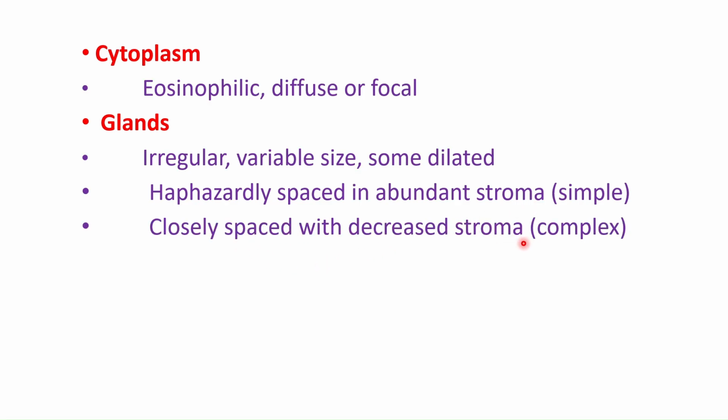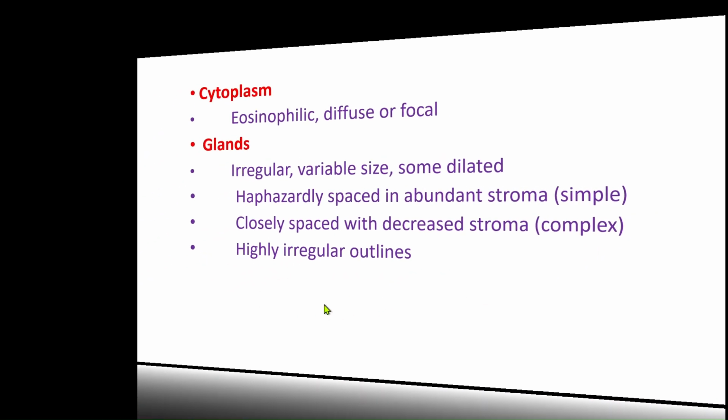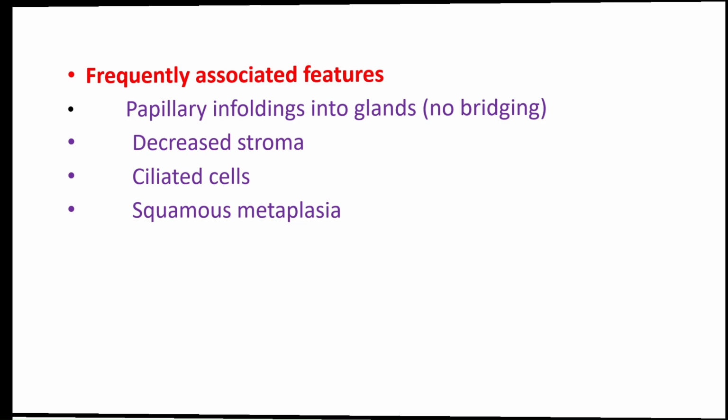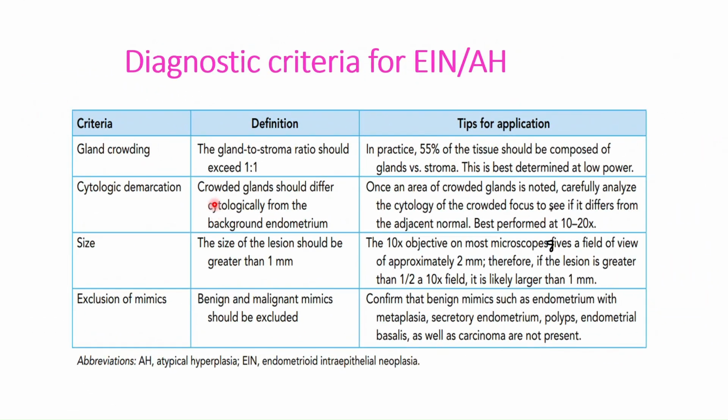If closely spaced with decreased stroma, it was complex hyperplasia with atypia. Highly irregular outlines and frequently associated features, if we see, are papillary infolding into glands with no breaching, right? Decreased stroma, ciliated cell metaplasia, and sometimes squamous metaplasia are also there.